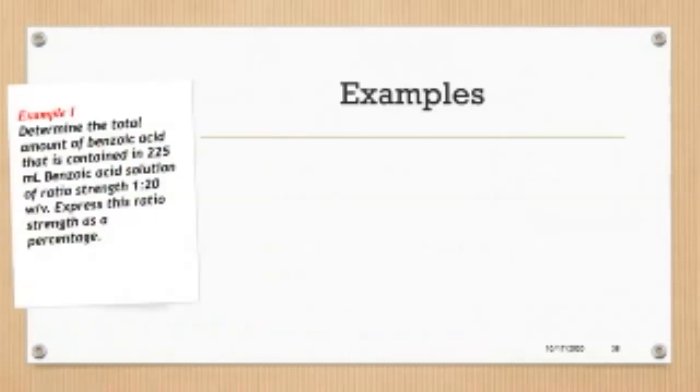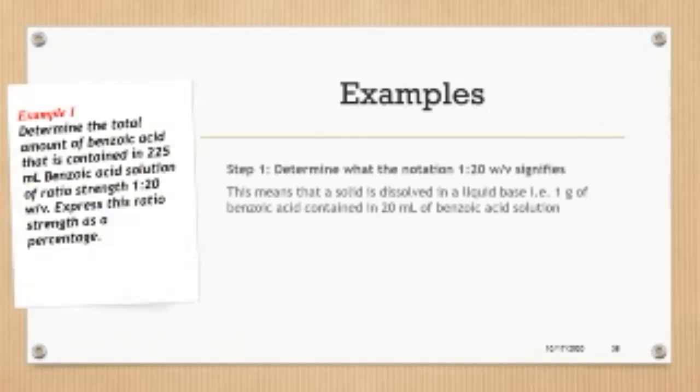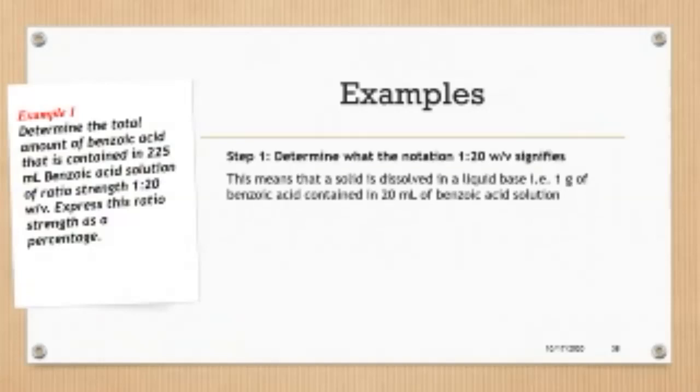So let's look at some examples. Determine the total amount of benzoic acid that is contained in 225 mils of benzoic acid solution of ratio strength 1 in 20 weight in volume. Express this ratio strength as a percentage. First, we're defining what the notation 1 in 20 weight in volume means.